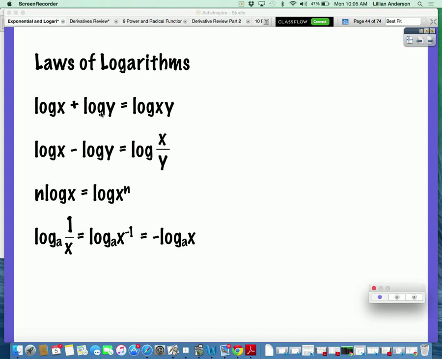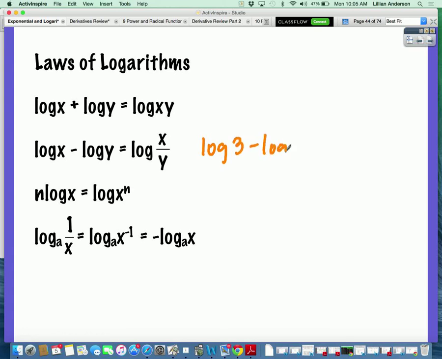Okay? Same concept, except this time when you're subtracting 2 logs, you're dividing x and y. So this could be like log of 3 minus log of 4. This would basically be the same thing as saying log of 3/4. Here, you have n times the log of x.